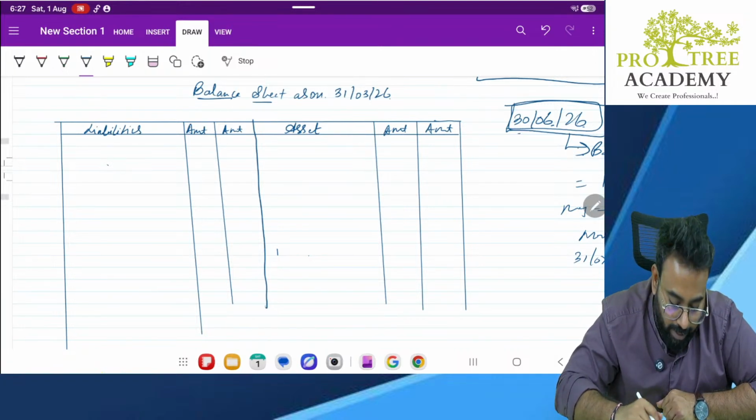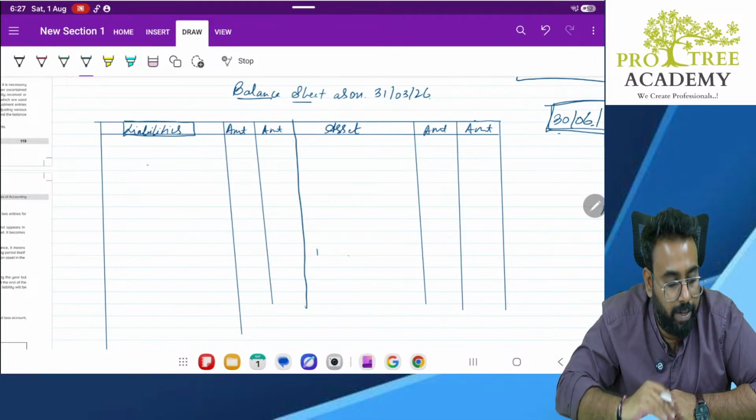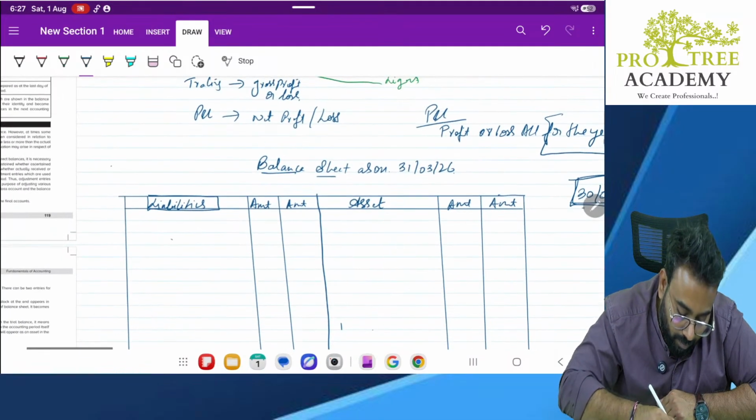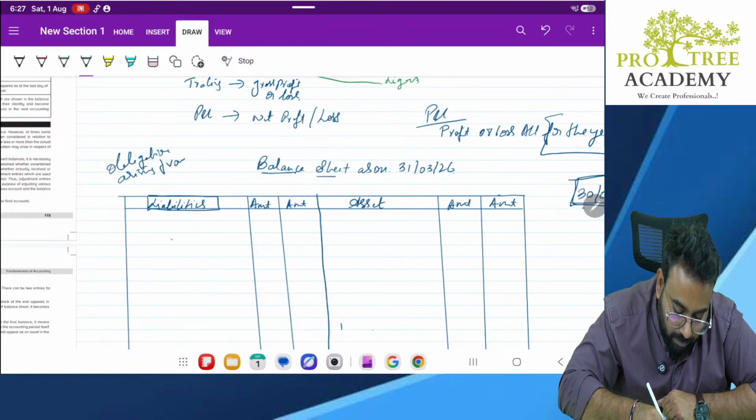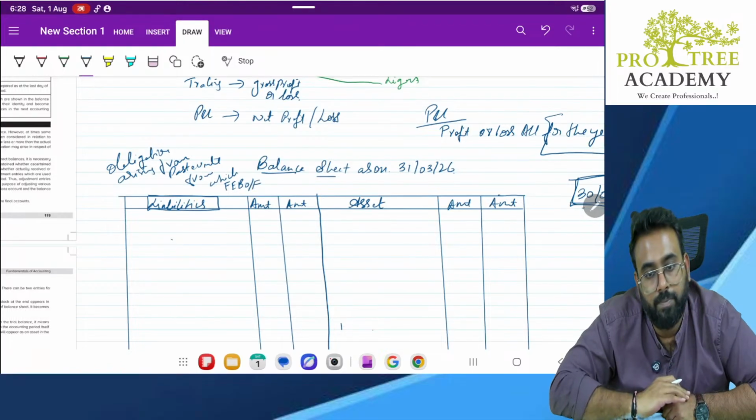Okay, sir, fine. I hope everybody remembers what is liability. It is an obligation arising from past events from which future economic benefit outflow is expected. Right?